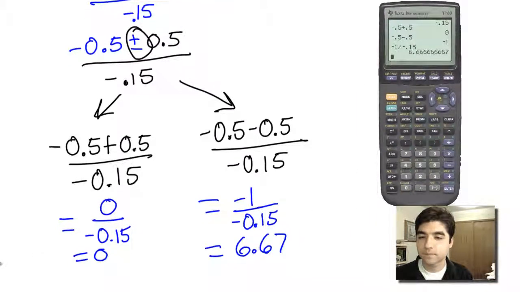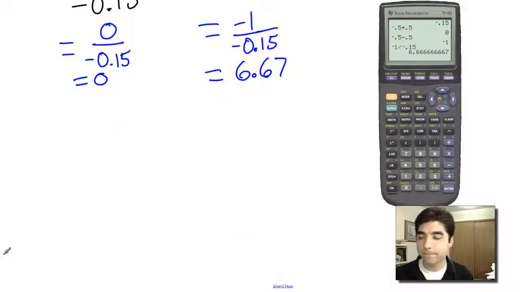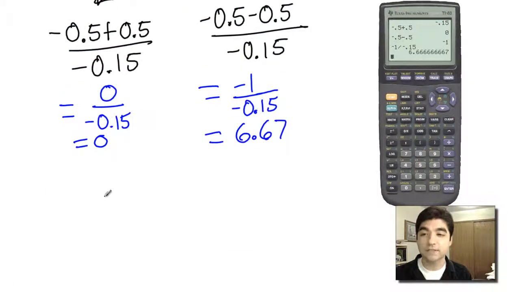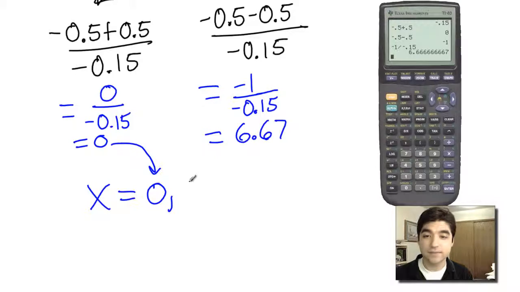Okay. So we have our answers, x equals 0 and x equals 6.67.